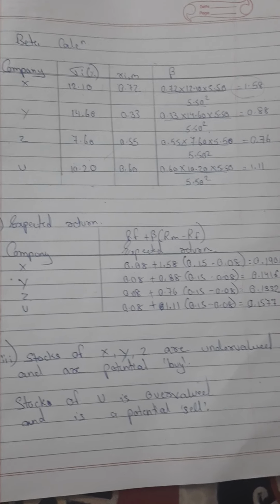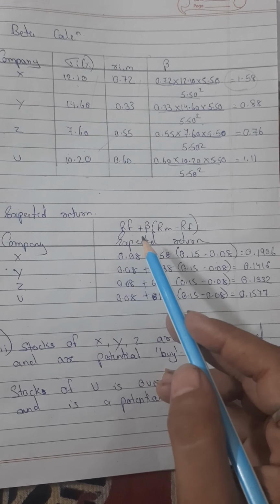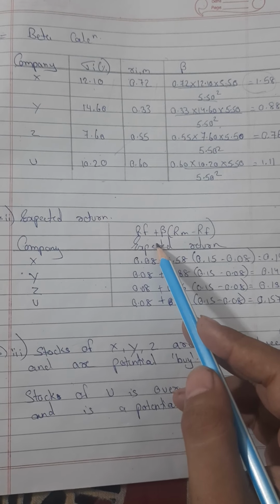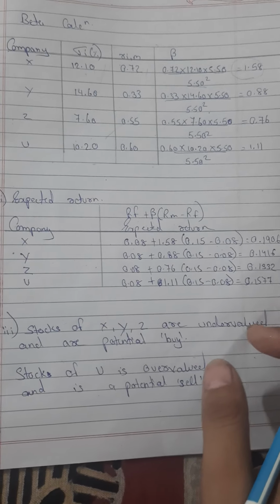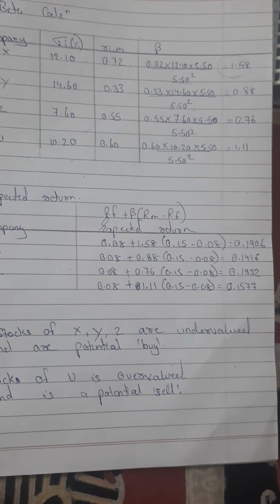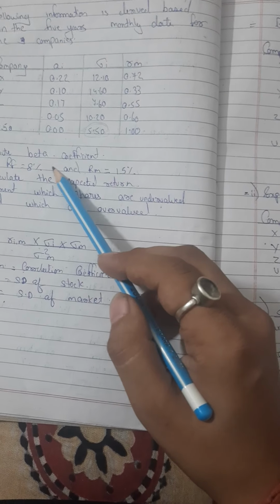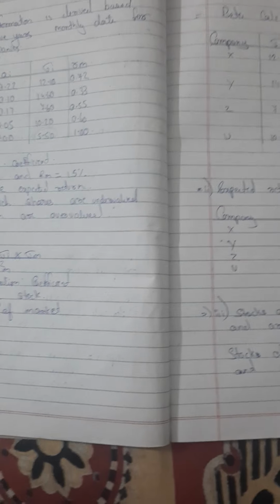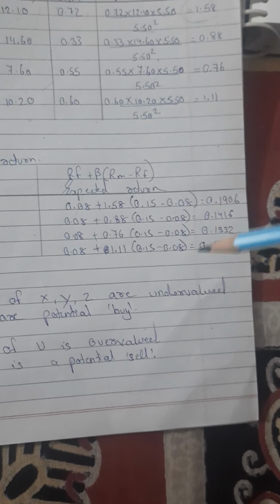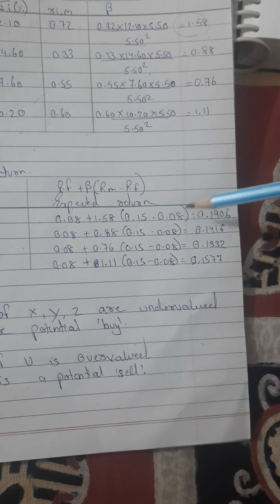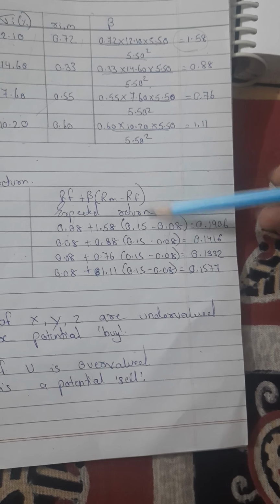Now to find out the expected return, we have to use the CAPM model, whose equation is RF plus B, that is beta factor, into RM minus RF. For securities, a risk-free rate is given. We know that the risk-free rate is 0.08, which is given in the question itself. RM is 15%, which we know already. Right? 0.08 same for every security, 0.15 same for every security, which is RF.